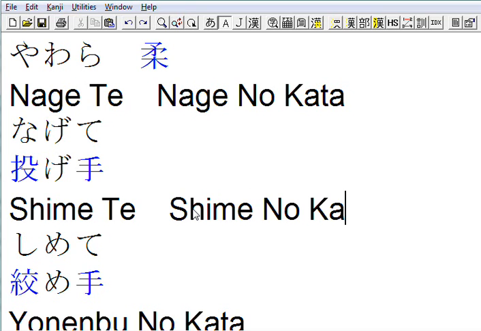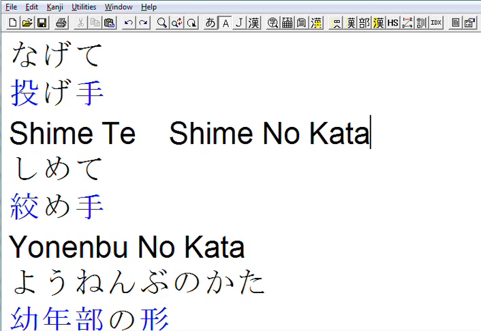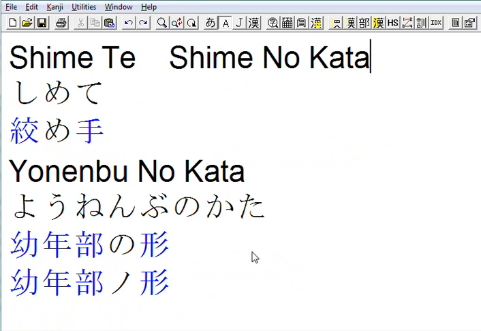Shime no kata. So you'll see it written that way sometimes. He didn't write it that way in his scroll. He wrote it as Shime-te, Nage-te. But sometimes you see it written this way. And if you want to write it that way, then the kanji would be simply that word, no kata, or if you want to do it the old style, that word, no, with a katakana, no kata.